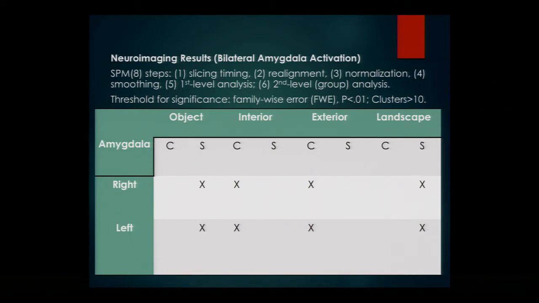But when interior and exterior of hospital settings were involved, we got a reversal. That is, the amygdala was more active for curved rather than sharp entities. This is a sort of surprising result unless you take into account the importance of wayfinding and directional accuracy.